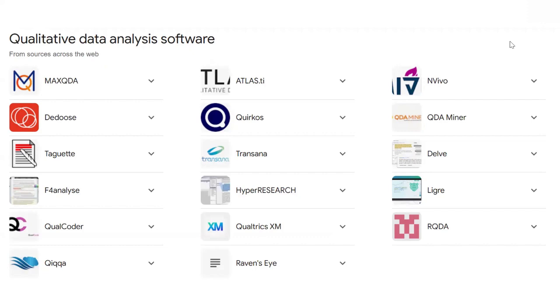Now, I started off in my early career with NVivo because that was the only software, I think, available en masse back at the time. And to me, it's actually a very strong software. But in more recent years, others have come out.